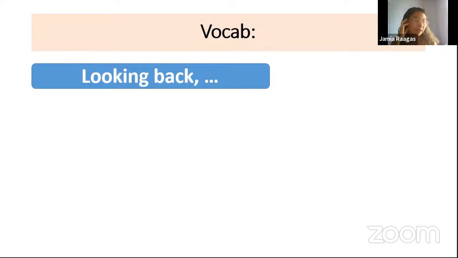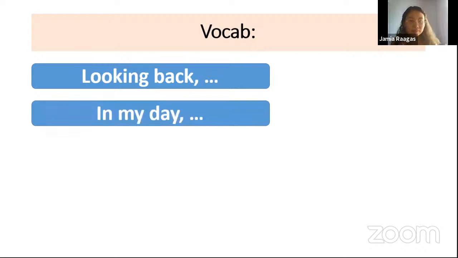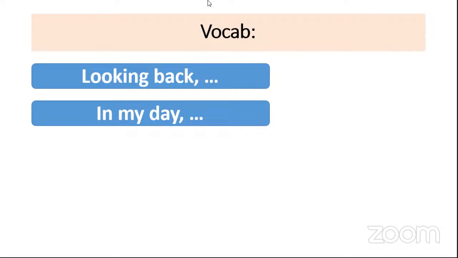Looking back and in my day. Can you tell me the difference between these two phrases? I think we normally say this one. Looking back is like we dig down to the past.